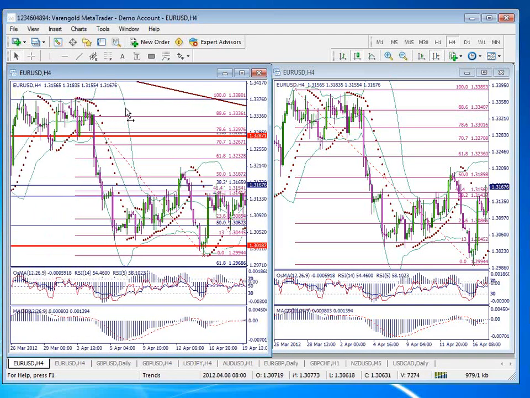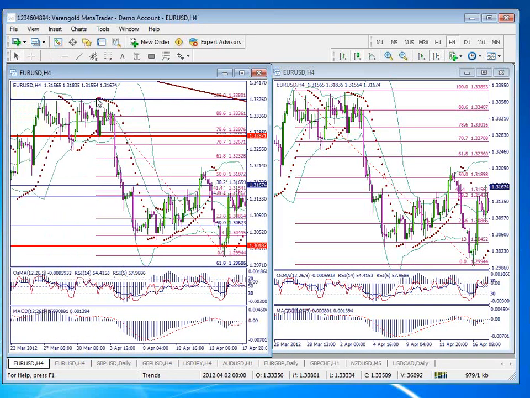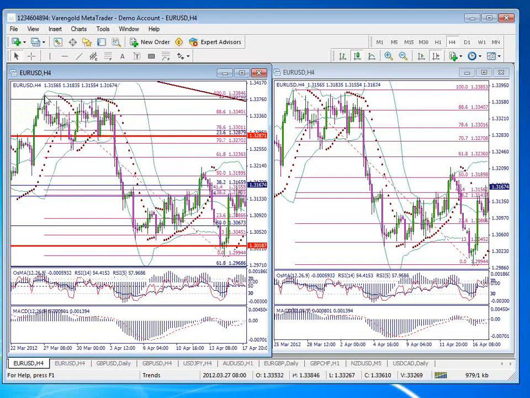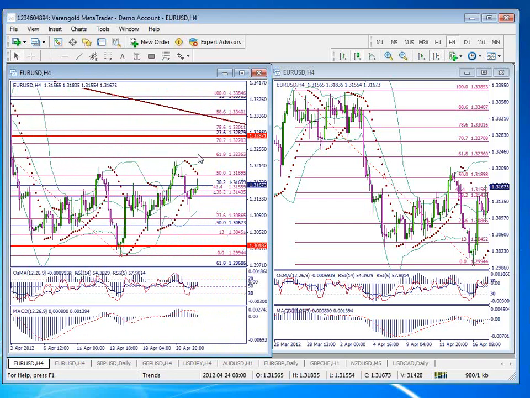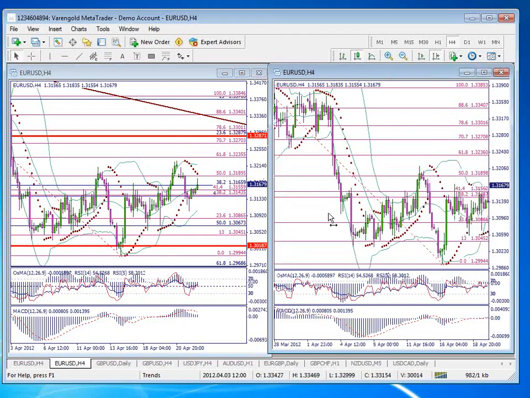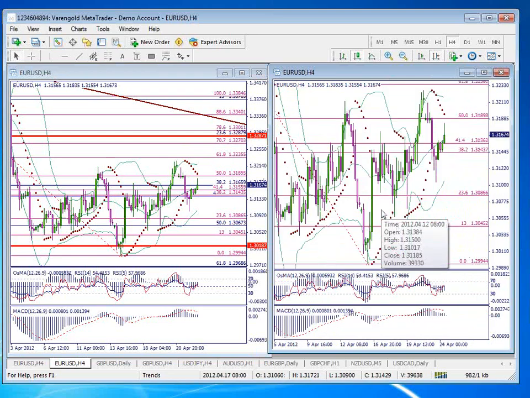Okay, so I have the idea of what is happening with the pair. I can see that line from the trend channel on daily. I can see that channel where I suppose that in the next period the pair will make the swings, and I will follow what is happening with the pair.